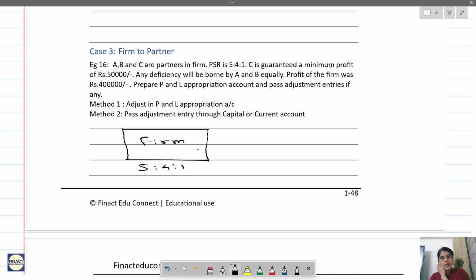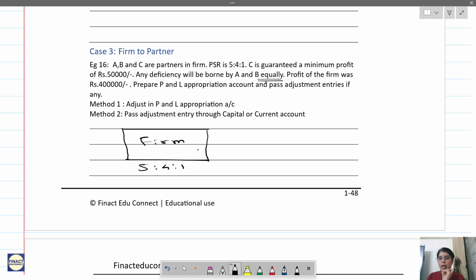C is guaranteed a minimum profit of 50,000. So see, when nothing is mentioned about who is guaranteeing C a minimum profit of 50,000, it is understood that C is guaranteed this minimum profit by the firm. Okay, so C is given a guarantee. Any deficiency will be borne by A and B equally.